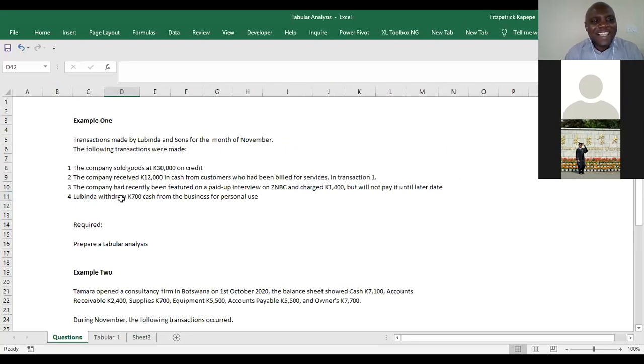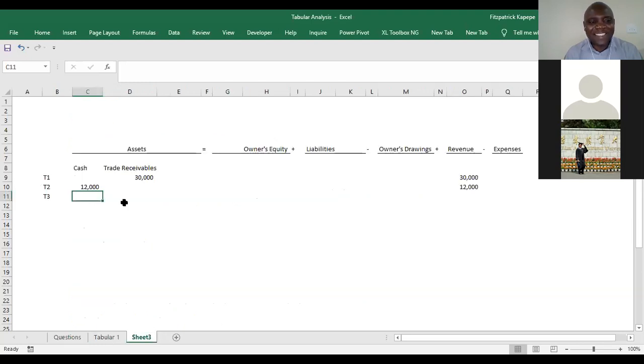Transaction 3. The company had recently been featured on a paid interview on ZNBC and was charged 1,400, but will not pay it until a later date. What is this? This is an expense. So expenses are debited. In using this expanded equation, we know that the expenses will come and sit here.